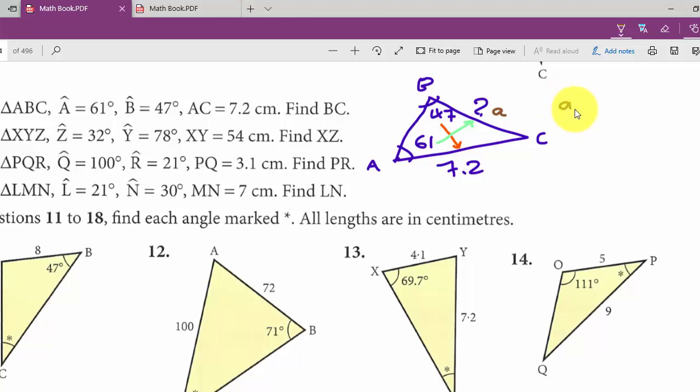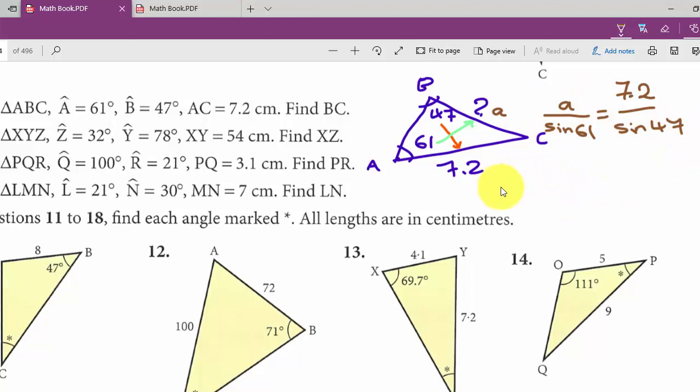Then side A over sine of 61, which is the opposite angle according to A, is equal to 7.2, which is B small, side B, opposite angle B, sine of 47.